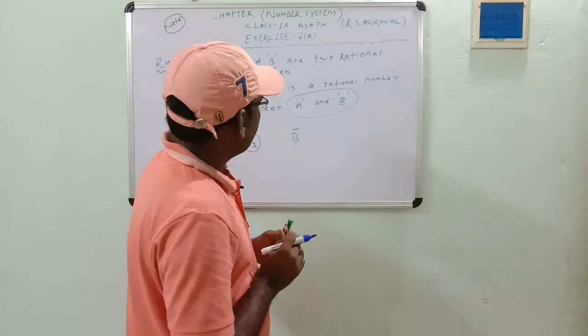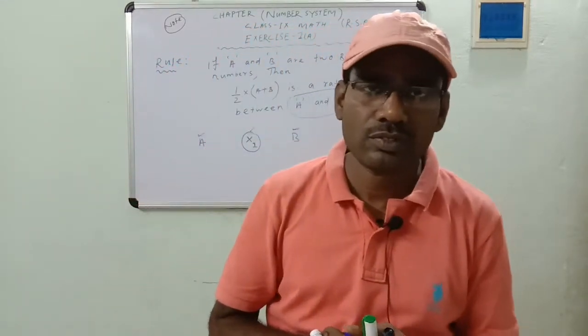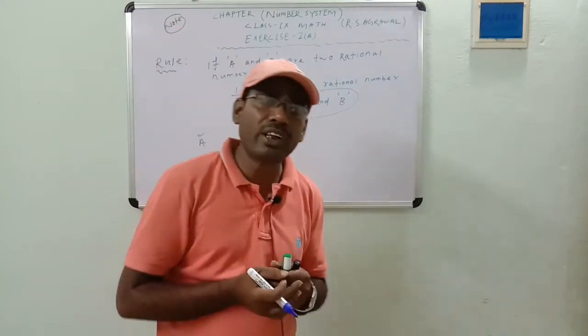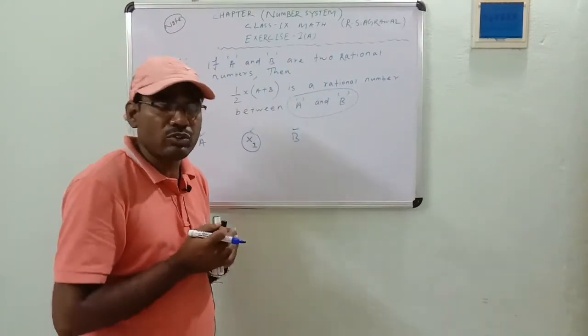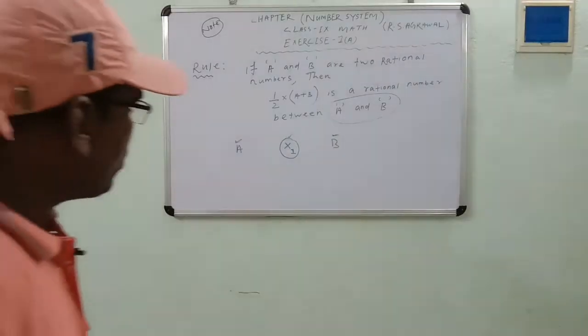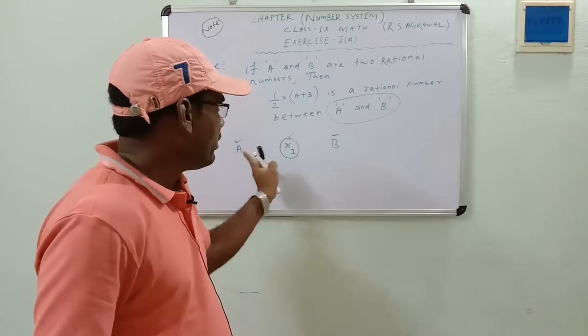Suppose you want to find out two rational numbers, then how can you find the two rational numbers? Students, already you have found out only one rational number between these two given rational numbers.